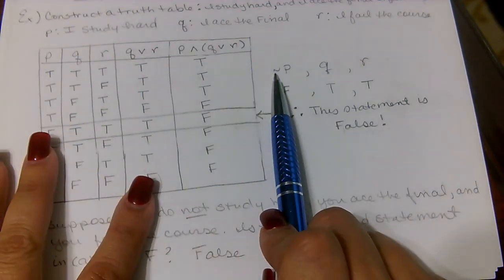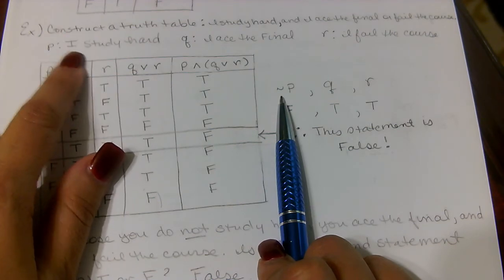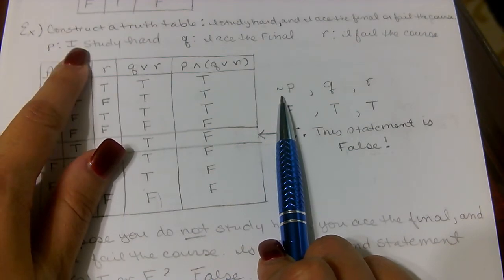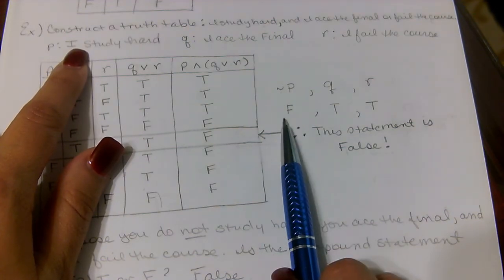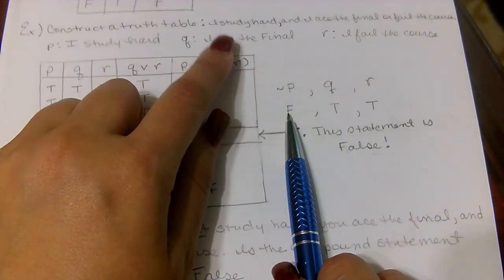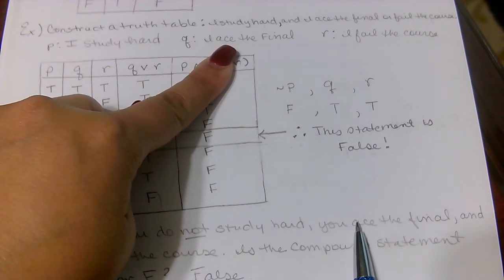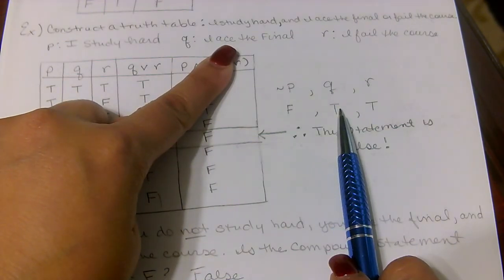So when we look here and we say I study hard, think about you saying, well, yeah, that was true. So if I study hard is true, not studying hard would be assigned a false. Okay? If I ace the final and that's true, and here it says I ace the final, then that will be a true statement.